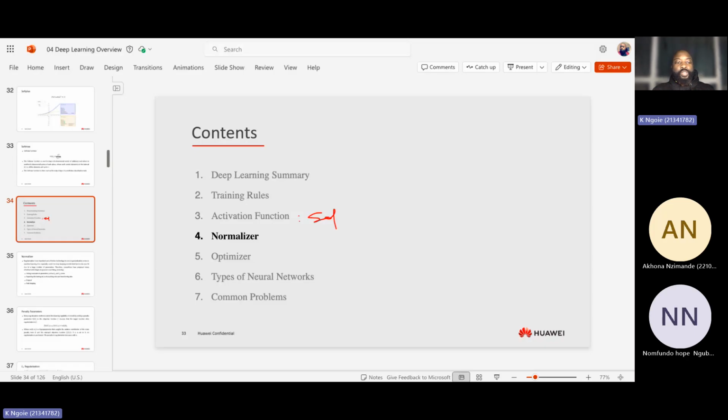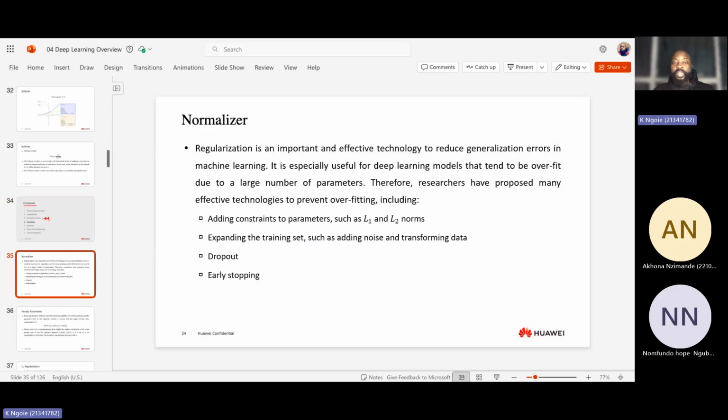The purpose of normalizers is to make sure we can quantify or limit certain parameters, to try and avoid any issues such as the overfitting problem, especially when we're dealing with large numbers of parameters that need to be used in our neural network.